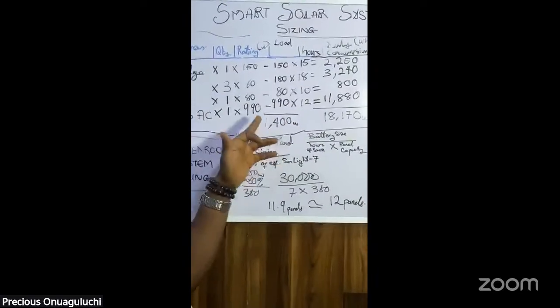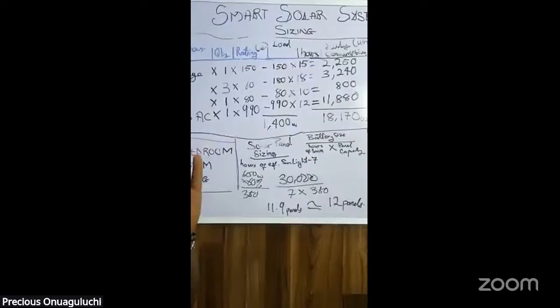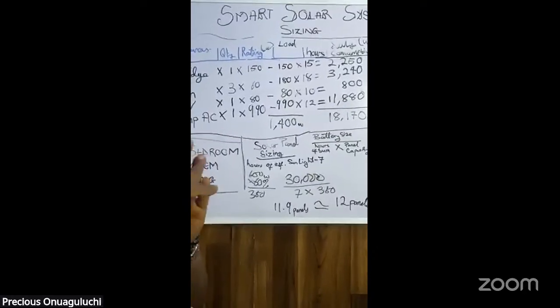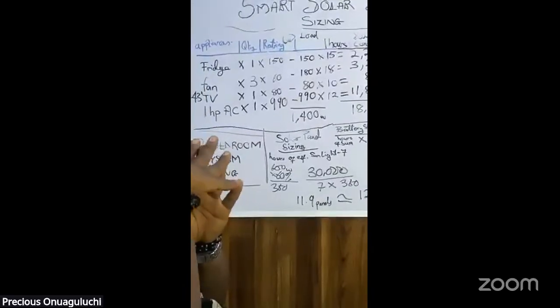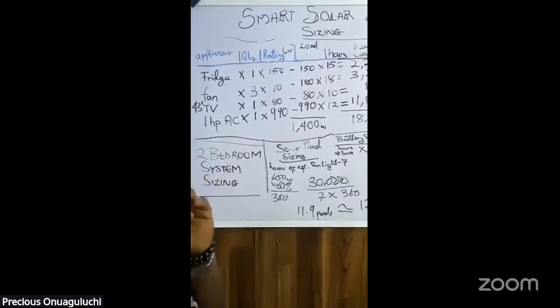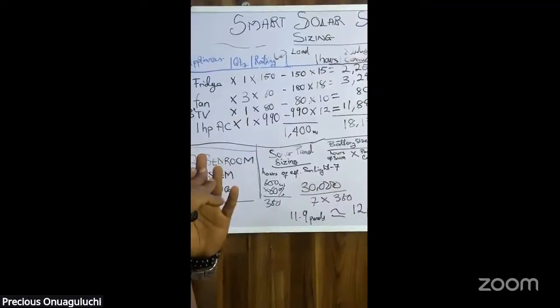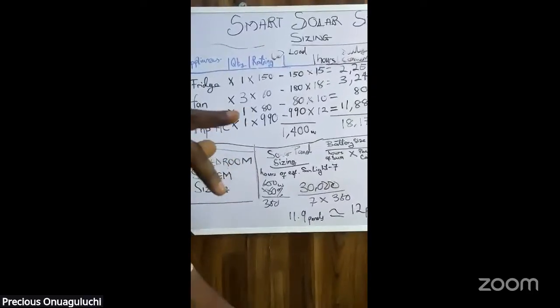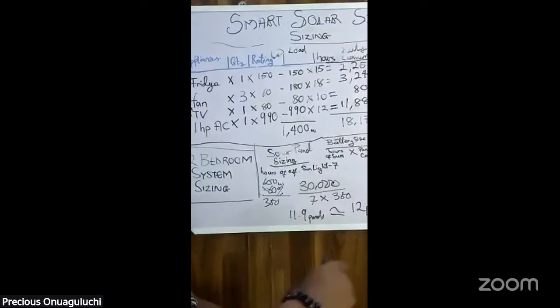So to size your inverter correctly and safely, you have to factor in all of these components. Another thing to take into cognizance when you're doing your inverter sizing is the safety factor.